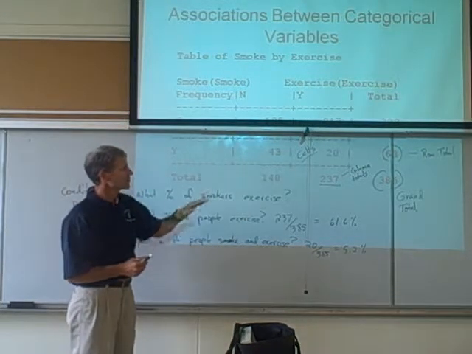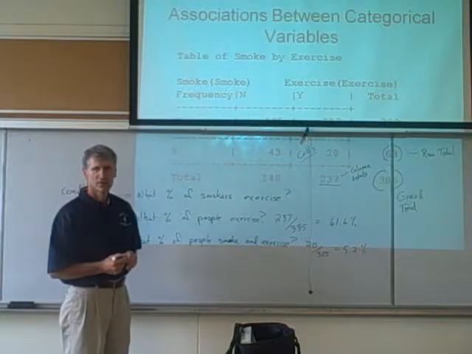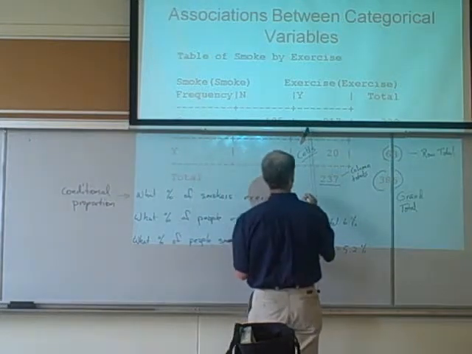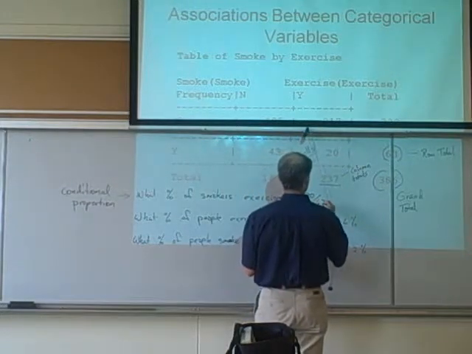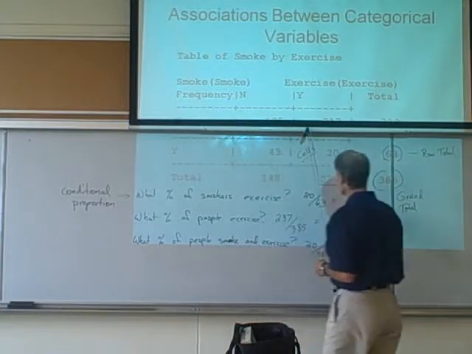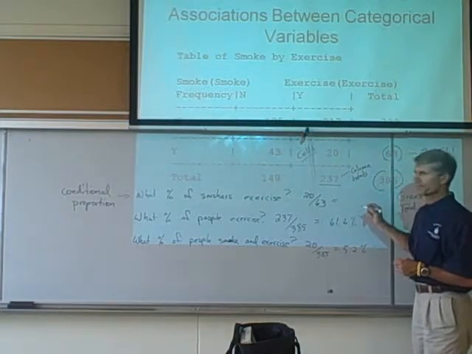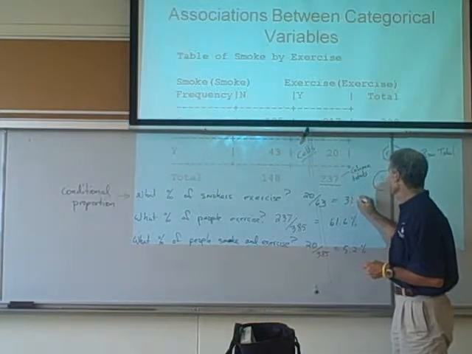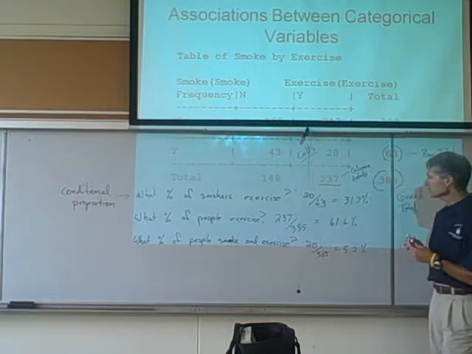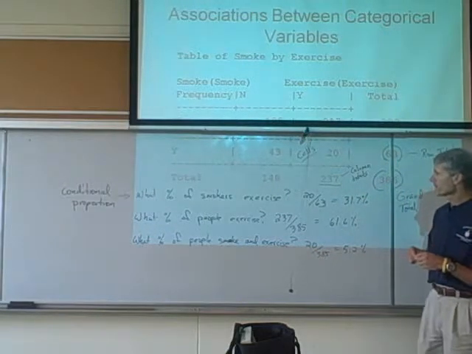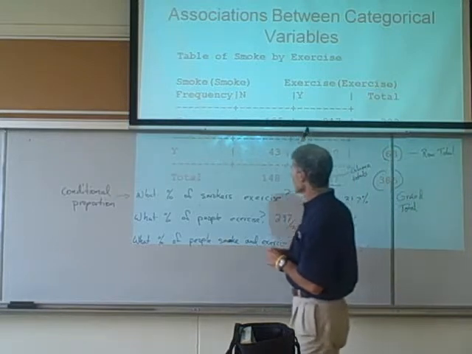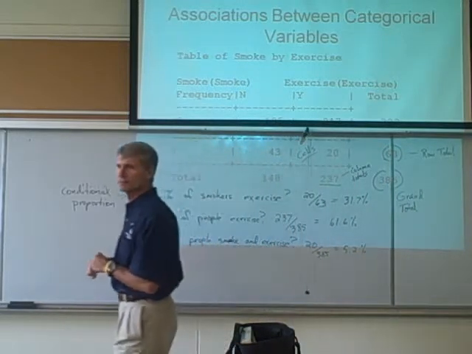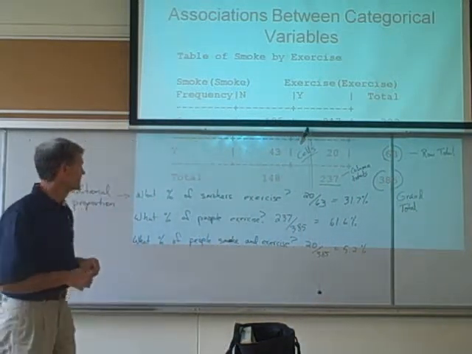So what are the two numbers we're going to divide? 20 by 63. Which is, anybody have that as a decimal? 31.7%. Okay. So of those who smoke, 31% of them exercise.